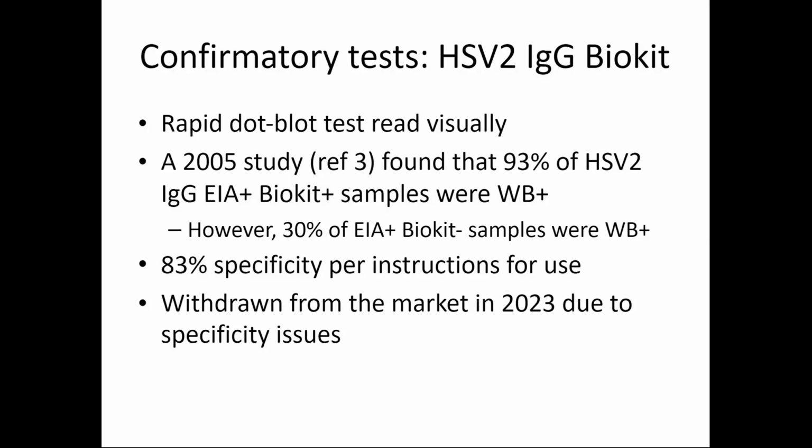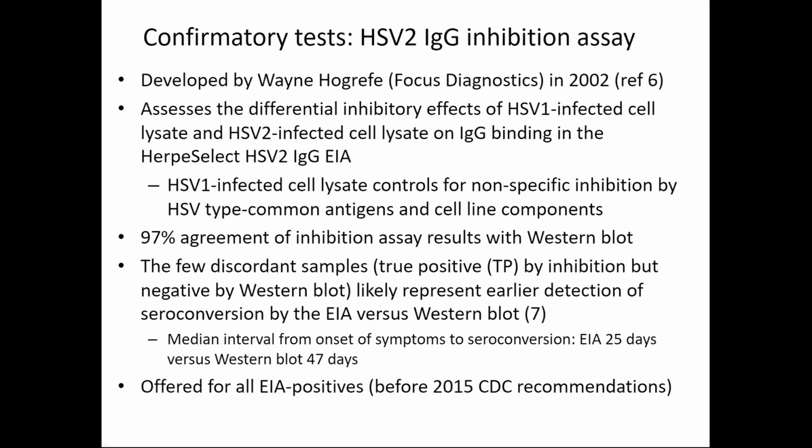However, 30% of samples that were EIA positive but BioKit negative were Western blot positive. So BioKit was missing those samples, so that's a sensitivity issue. And per the instructions for use, the assay specificity was only 83%. I think based on all of this information, the product was withdrawn from the market in 2023, mainly due to these specificity issues.